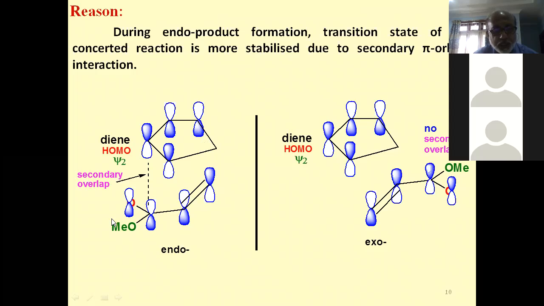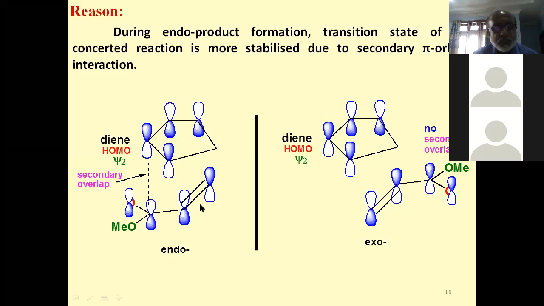But the extra pi electrons which are there are also going to have a secondary overlap when the dienophile is attacking in the endo position. When it is exo, this group comes this side, so there is no secondary overlapping. This is why the endo product is more, because the transition state becomes more stabilized.